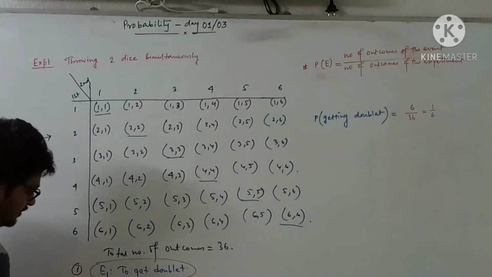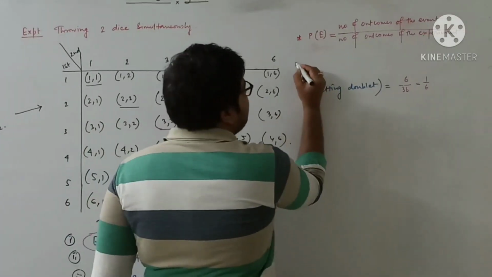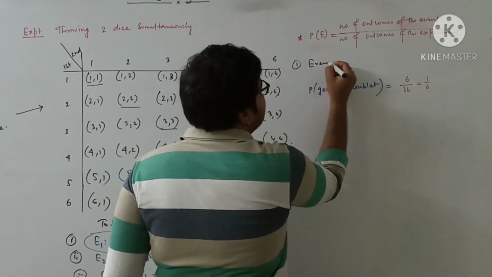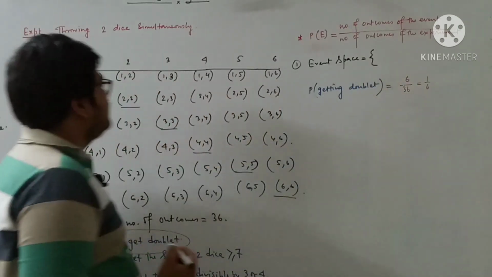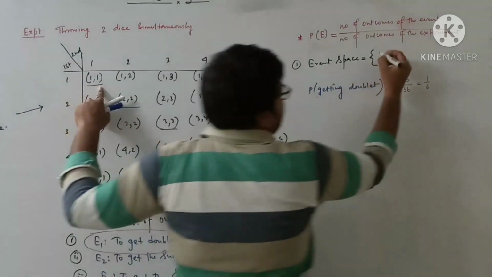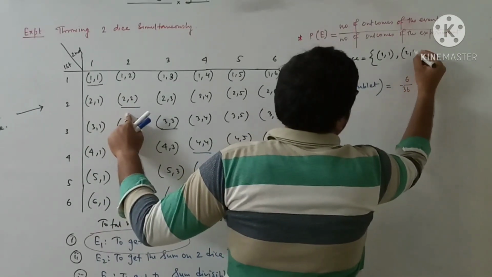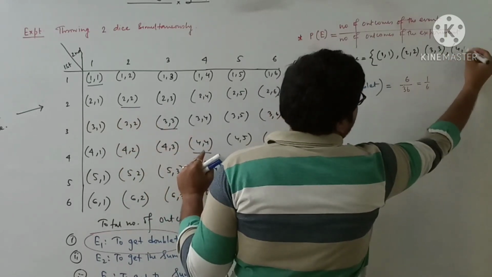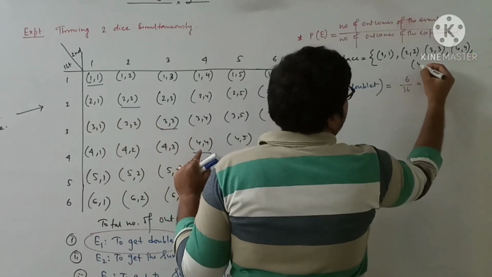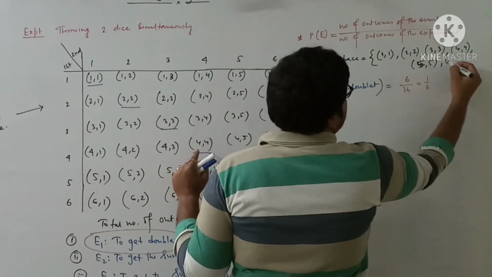Number 1, this is 2 and this is 3. For the first question, if I write the event space: 1, look here, look at my left hand, 2, 3, look at my right hand and left hand together, 4, 5, 6.